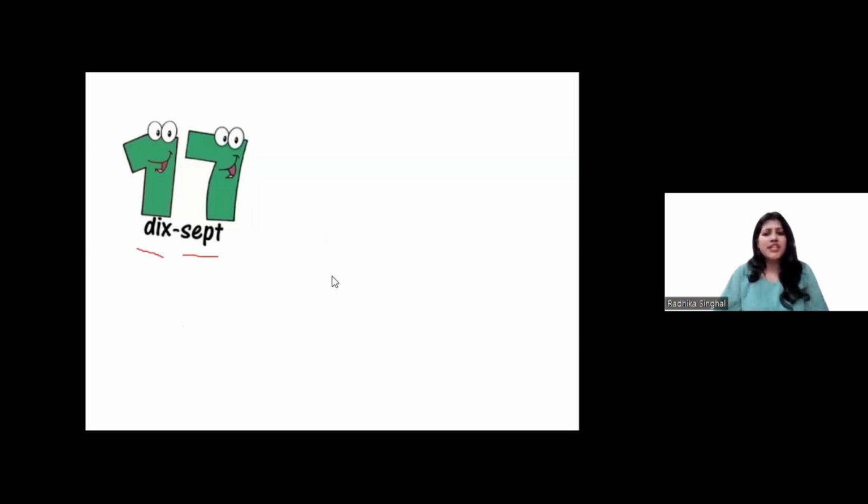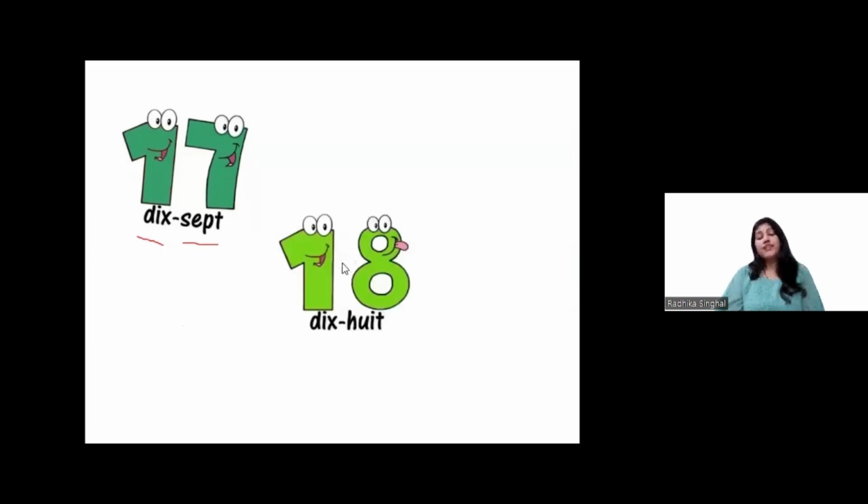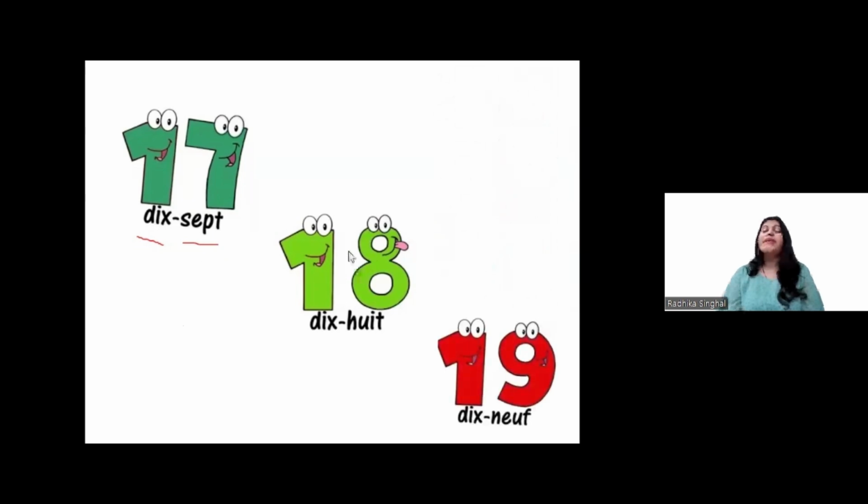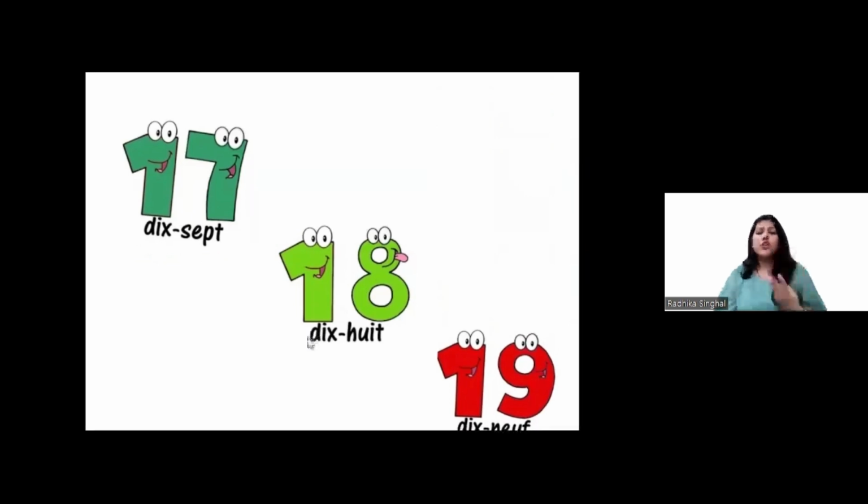So you can guess number 18, dix-huit. And number 19 will be dix-neuf. So these are three unique numbers which are formed by combining tens and ones.